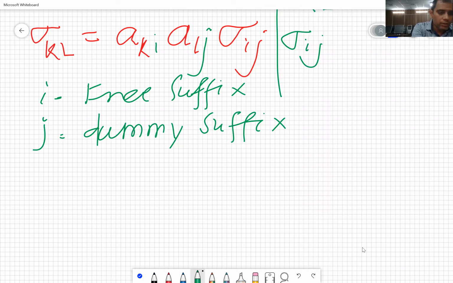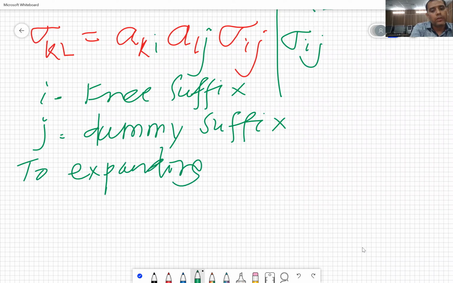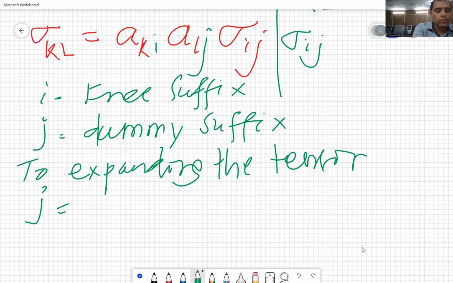Expanding the tensor equation, we put sum over j equals 1, 2, 3 in this equation.